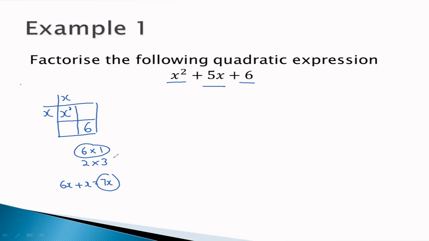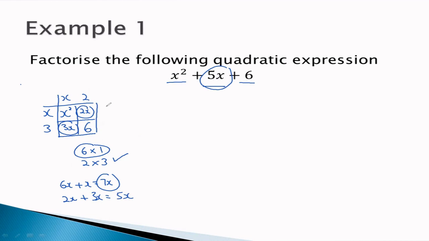So let's try this combination instead. Positive 2, positive 3. So 2 times x gives me 2x. 3 times x gives me 3x. So again, I'm going to take these two and add them together to see whether I get this. Okay, 2x plus 3x, that gives me 5x.